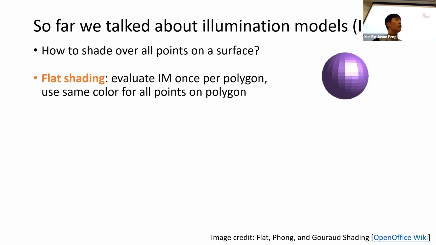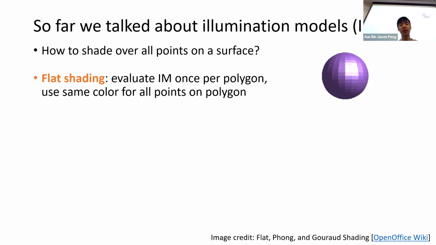Now, this is a very simple strategy for applying this lighting model, but it can lead to some visually jarring artifacts. On the right, we have an example of a sphere that was colored in using this flat shading method. And we end up seeing very sharp discontinuities between adjacent triangles because every triangle has flat color, and every time we move to a different triangle, the color might change drastically from triangle to triangle.